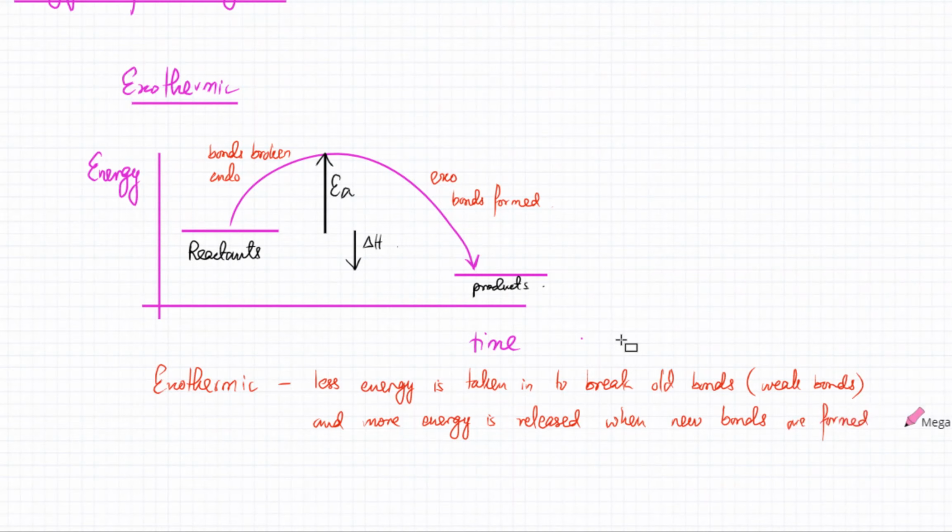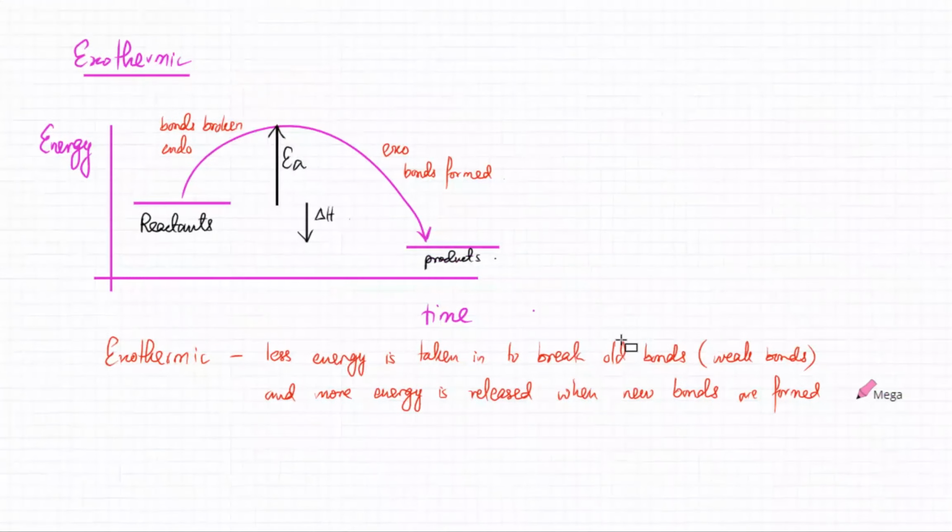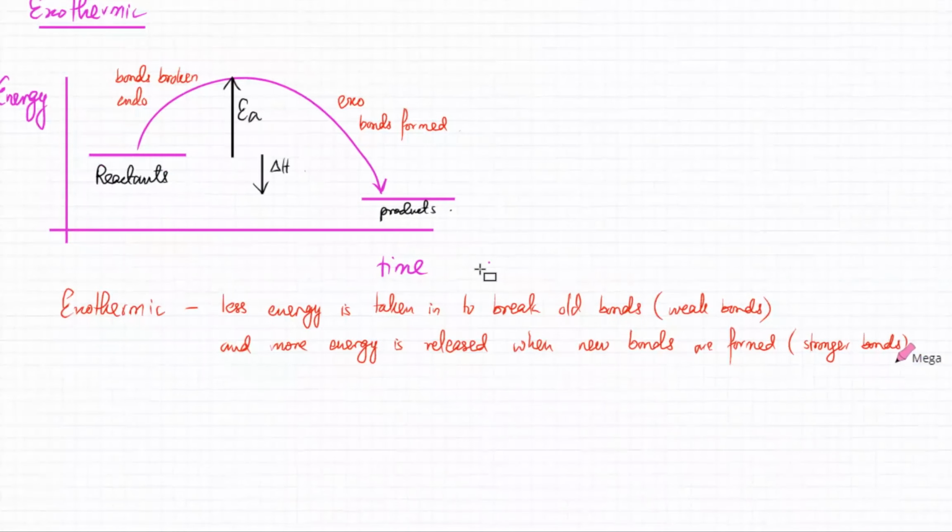Which kind of indicates that the new bonds formed are stronger. So which is why the overall reaction is exothermic, because less energy is taken in to break the bonds and more energy is being released to form new bonds. So which is why the overall reaction is exothermic.